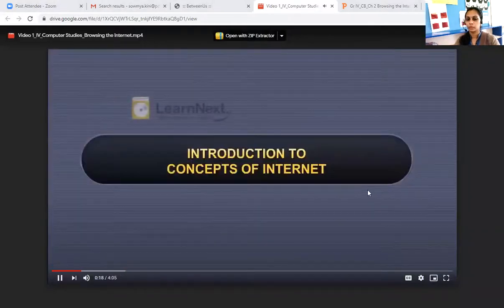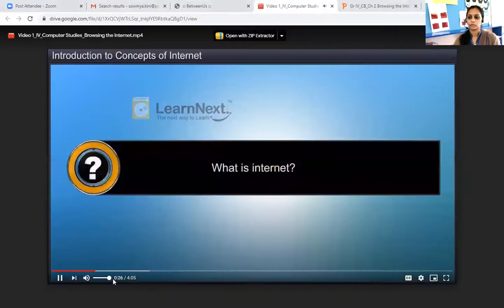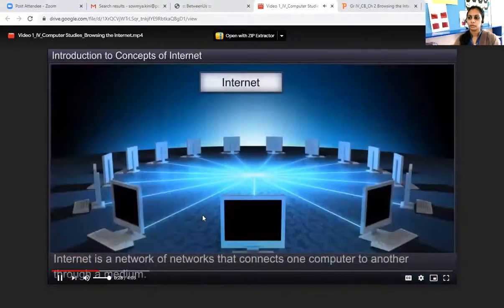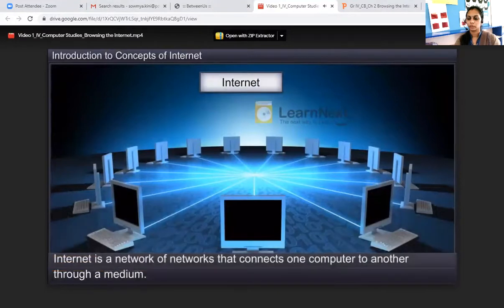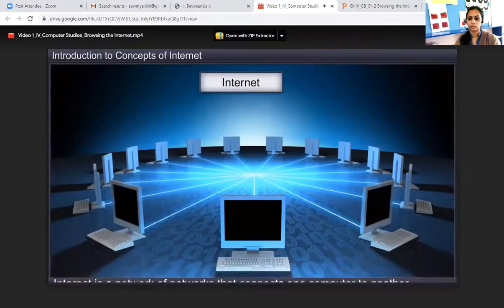In this module, you will learn about the introduction to the concept of Internet. What is Internet? Internet is a network of networks that connects one computer to another through a medium.